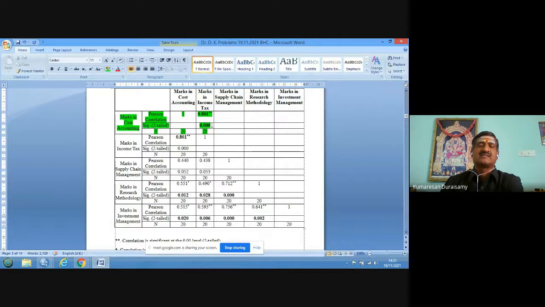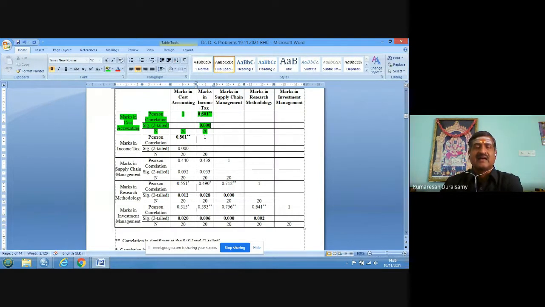That means cost accounting and income tax marks are significantly correlated. To what extent are they related?